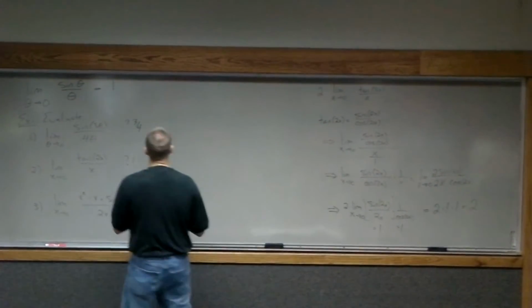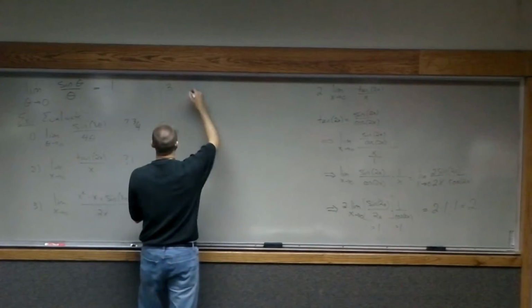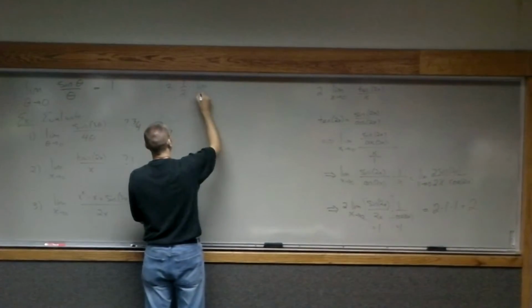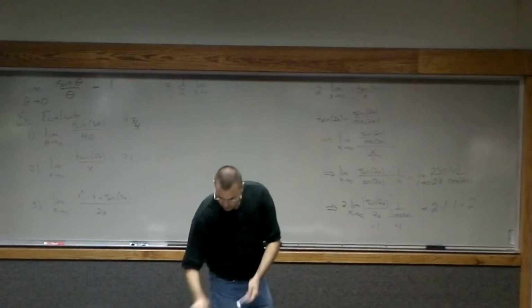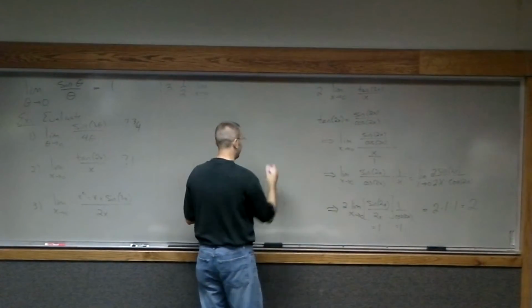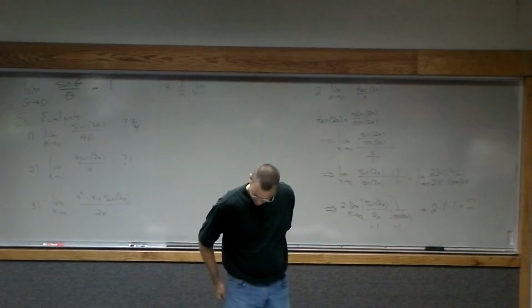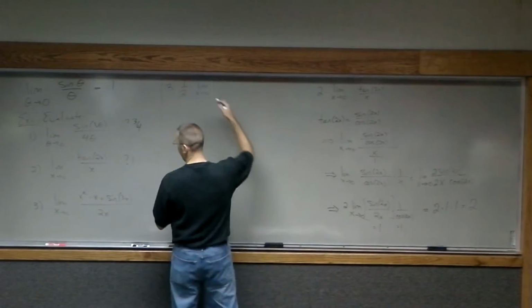We go ahead and pull out the 2 from the denominator, just rewriting this as 1/2, the limit as x goes to 0. Be an adventure here and see what happens.